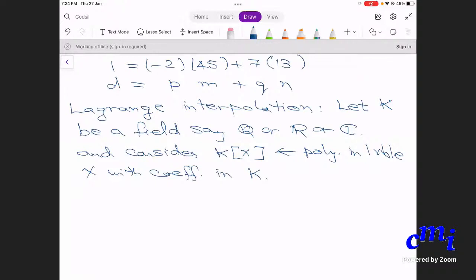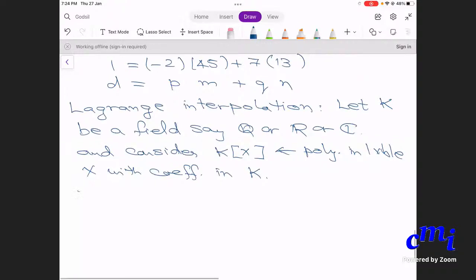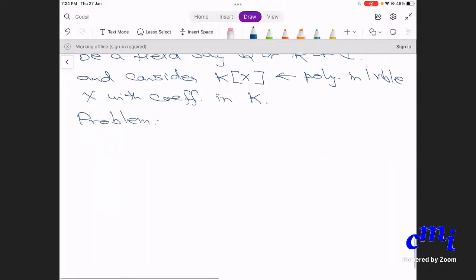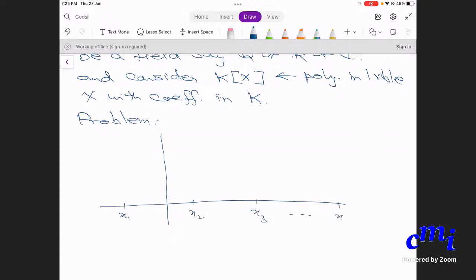And what's the problem? The problem is the following. It's a problem actually which is quite useful in applications. So let me draw it in terms of a graph. You're given some points x1, x2, x3, xk, and you're given points with these x coordinates.